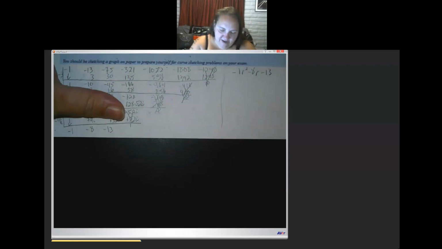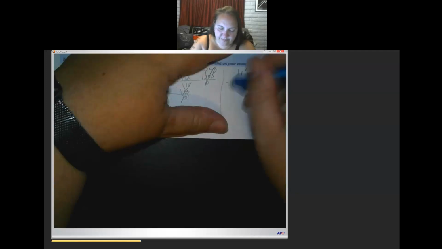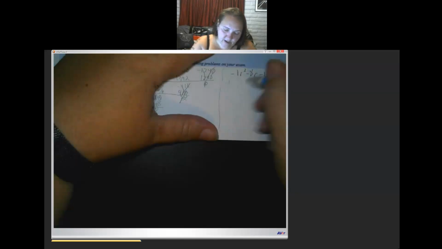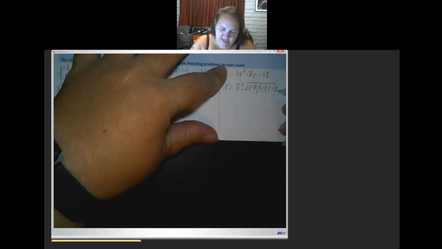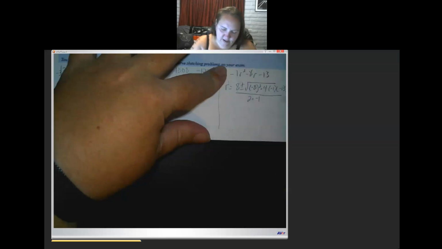I'm going to GCF out a negative 1. I guess we could just do the quadratic formula that way. It's not my favorite way, but whatever. R equals negative negative b, so that's a positive 8 plus or minus the square root of negative 8 squared minus 4 times negative 1 times negative 13, over 2 times negative 1.